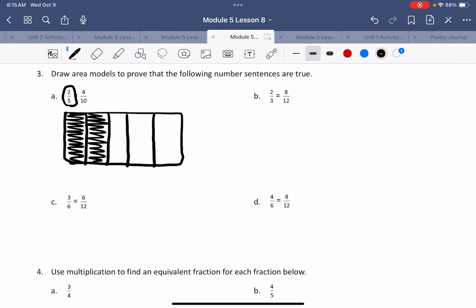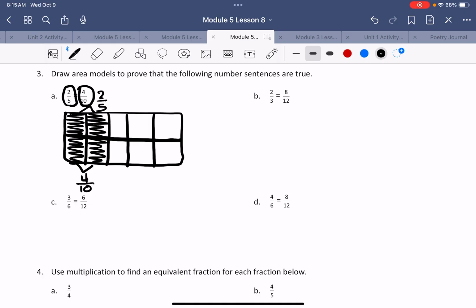Now we're going to try to turn this into 4/10. So right now we have 2/5, and we need to show 4/10. So if we cut this box in half and make our parts smaller, we now have 4 out of 10.